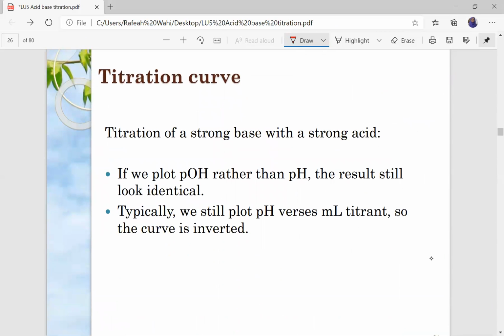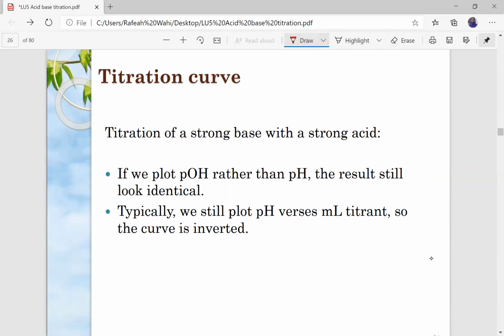Titration of a strong base with a strong acid. If we plot pOH rather than pH, the results will still look identical. For example, just now we know that for any titration curve, it's the plot of pH against the volume of titrant.